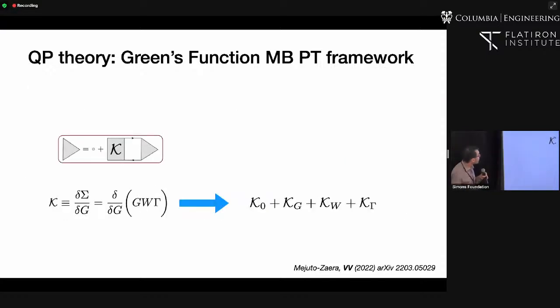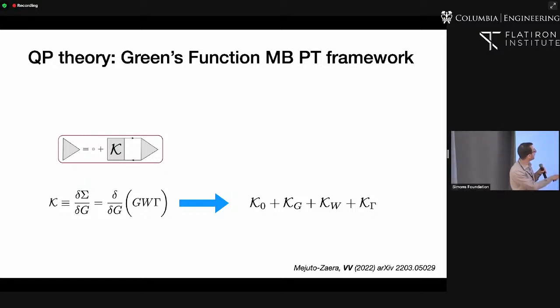So again, I go back to this Bethe-Salpeter-like equation. I remind you that the kernel of this vertex is this functional derivative, and in principle it should contain derivatives with respect to the three quantities we had before: the Green's function, the W, and the vertex itself. That generates a set of kernels.